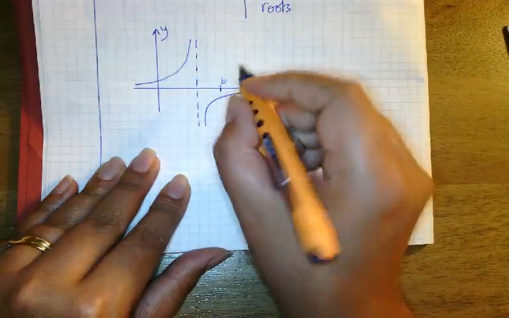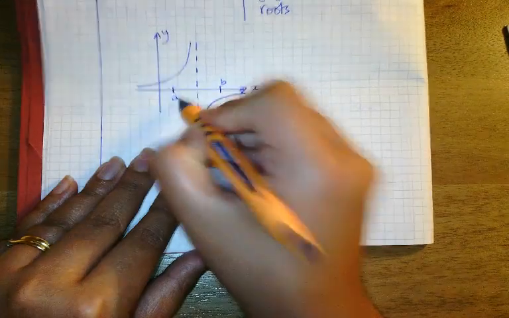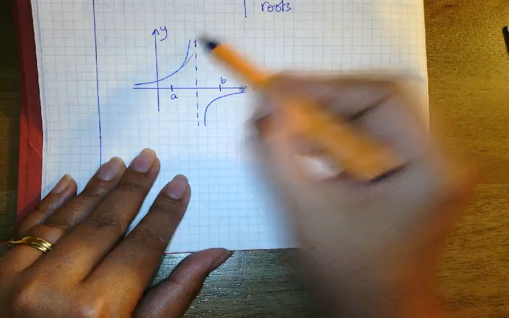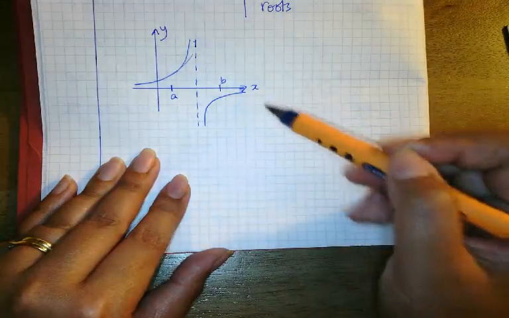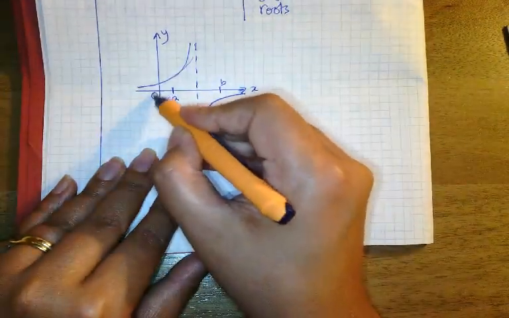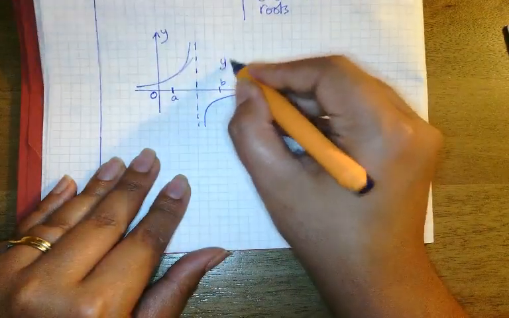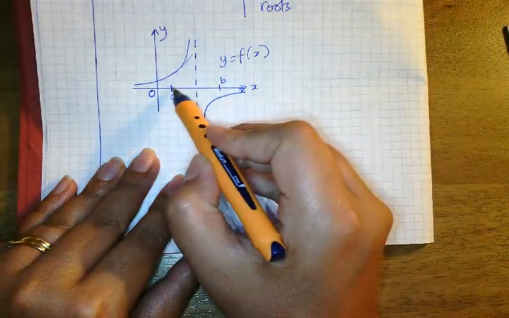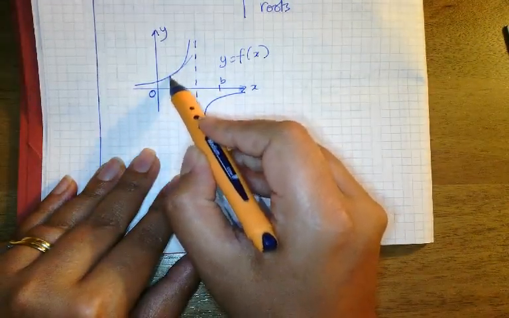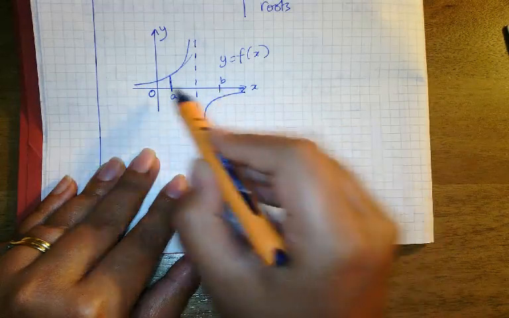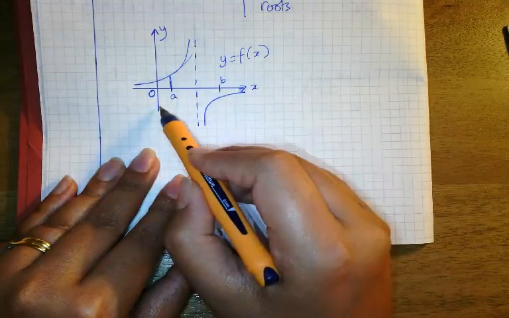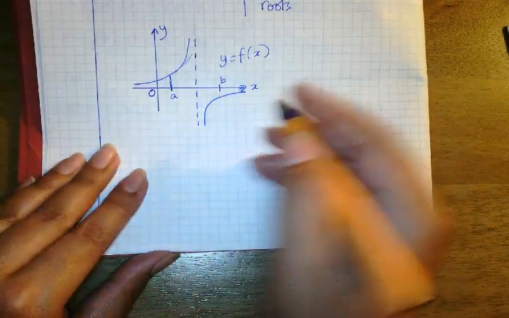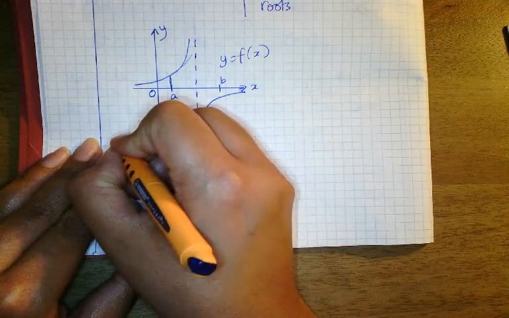The reason for that is that I can't draw this function without taking the pen off the paper. I've got to do this, take the pen off the paper, and then draw this section of the function. Now here, yes, I do have a sign change between A and B. At A, positive, B, negative. But there is no root between the interval A and B.